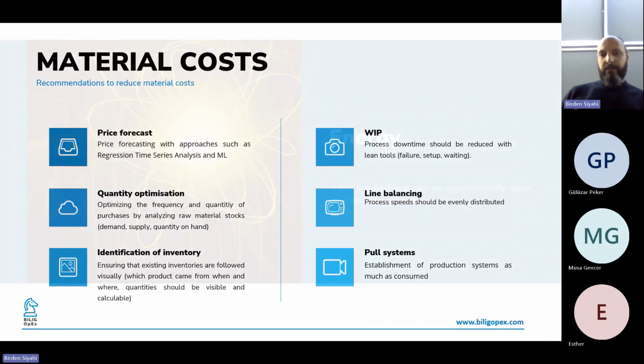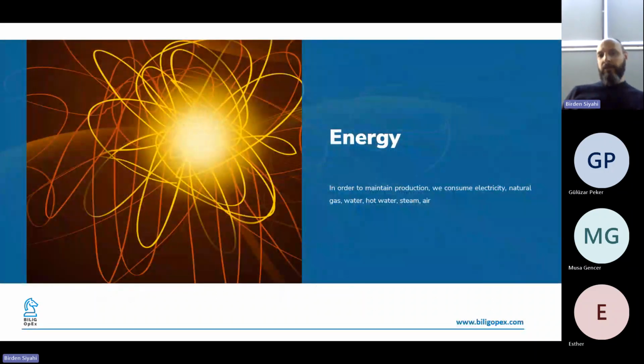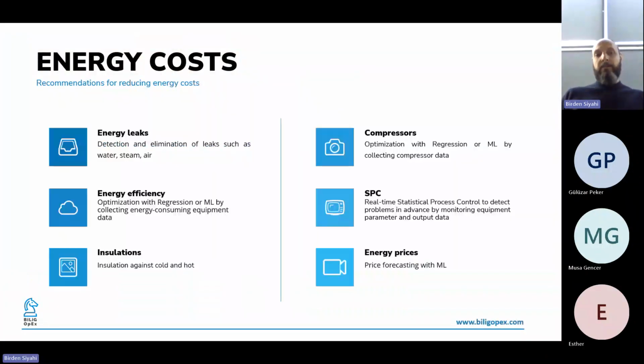Next, energy. By energy, I'm talking about natural gas, steam, hot water, cold water, air, or electricity. So what can we do to decrease energy cost in a company? Of course, the first one is energy leaks.